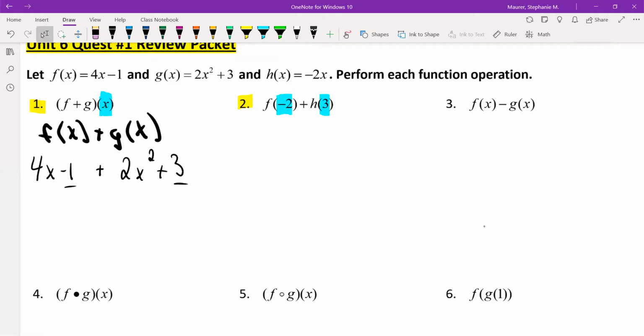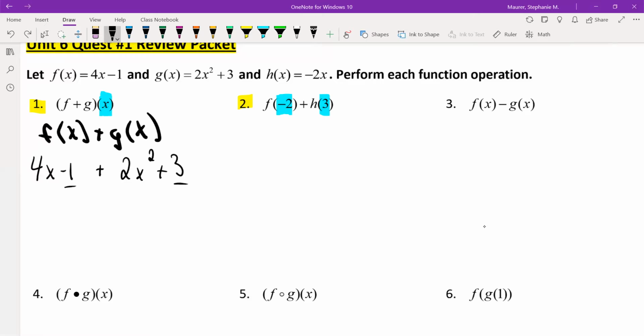But in problem number 2, as I mentioned previously, the difference here is that we actually have numbers we are going to plug in. So rather than having f of x and g of x, like we have here in problem number 1, in problem number 2, we actually want to be finding f of -2 and h of 3.